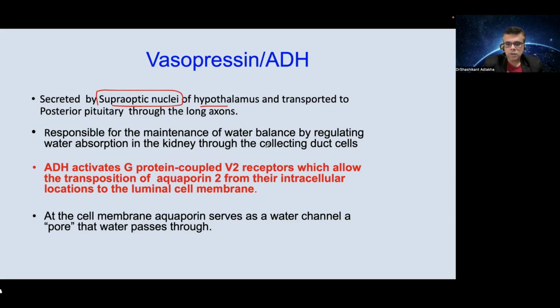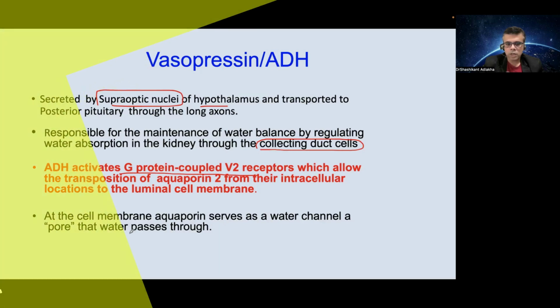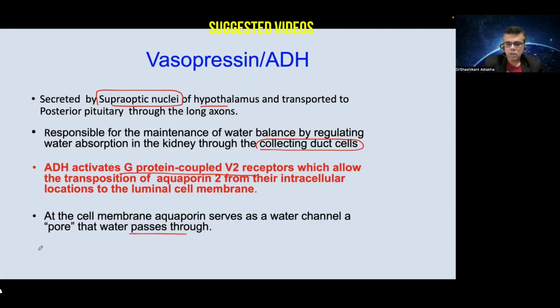ADH acts on the collecting duct cells and is also believed to have some action on the distal tubules. ADH activates the G protein coupled V2 receptors. The V2 receptor in turn helps in transportation of aquaporin to the luminal cell membrane, and aquaporin is the channel through which the water comes in and gets through the lumen of the tubule.